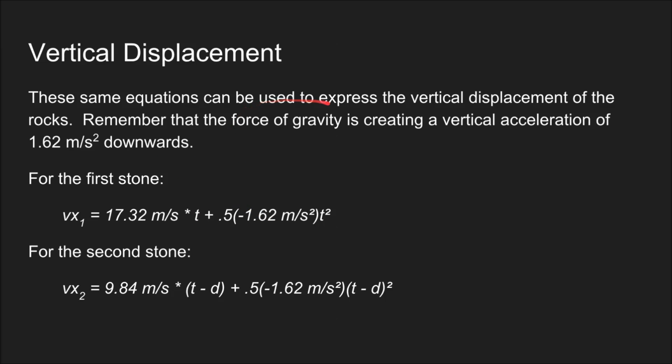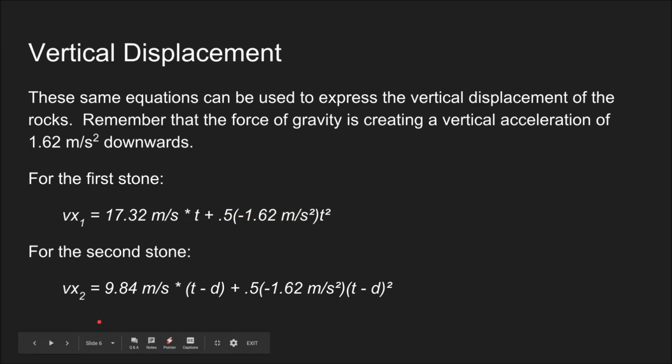These same equations can be used to express the vertical displacement of the rocks, and we need to keep in mind that the force of gravity is applying an acceleration of 1.62 meters per second squared downwards, which means if we substitute in our values for the first stone, we get 17.32 meters per second times time plus half of negative 1.62 meters per second squared times time squared.